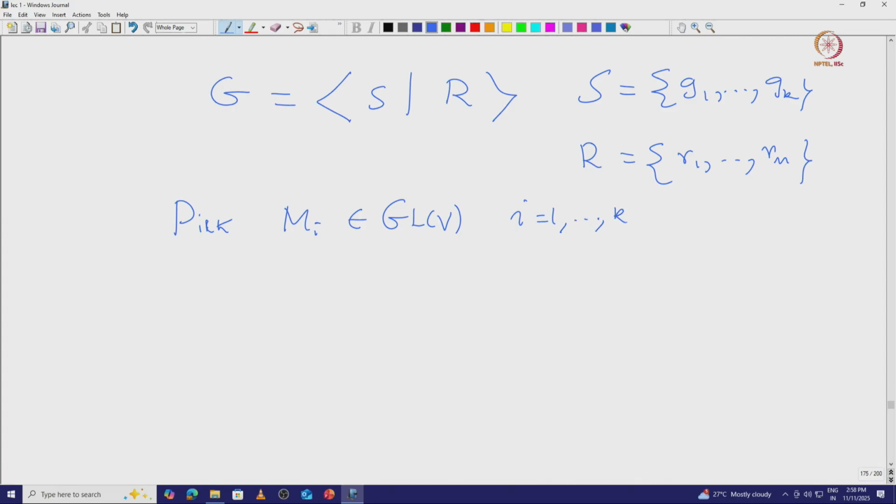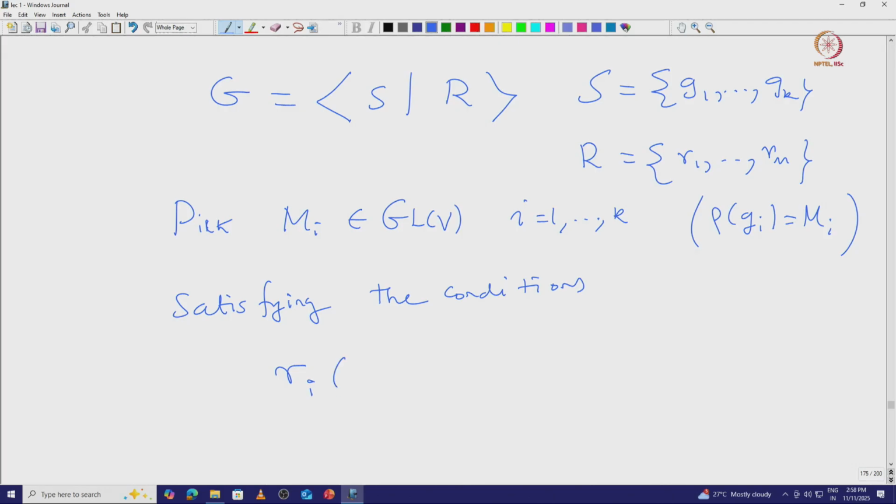So, we want to send rho of g_i to M_i. That is the idea, and they are not randomly chosen. They must satisfy the condition that the relations, when I take R_i and substitute M_1 etc. M_k, should give the identity on V, and this should be true for all i from 1 to m.